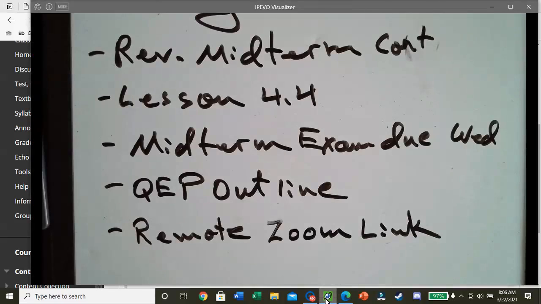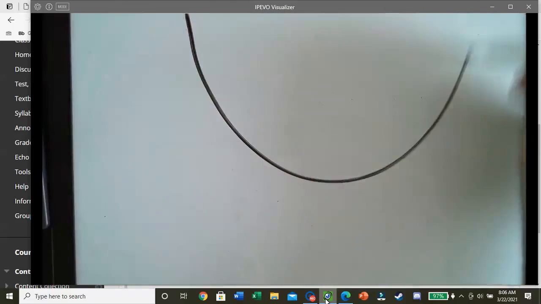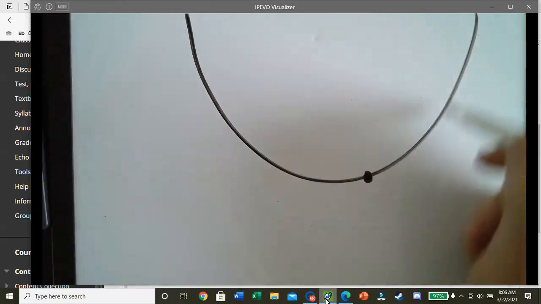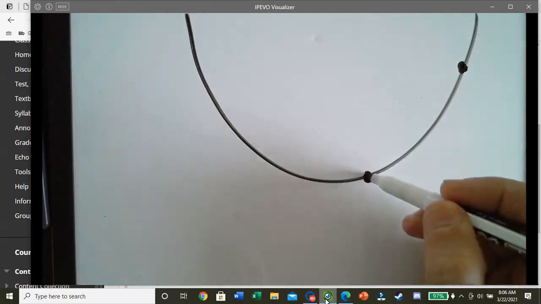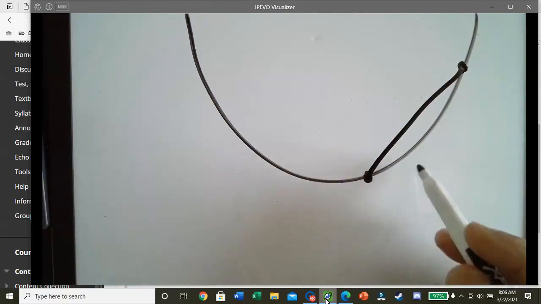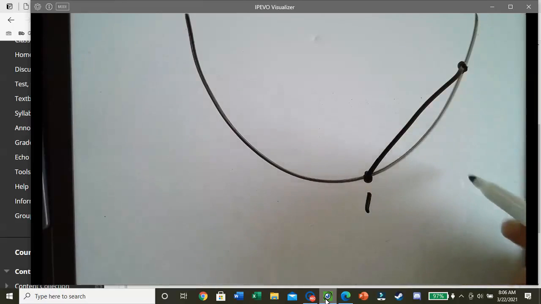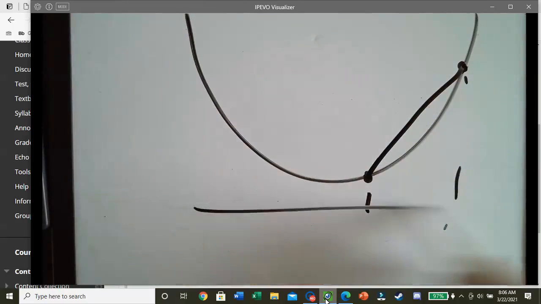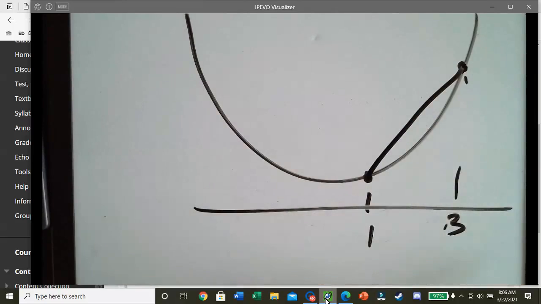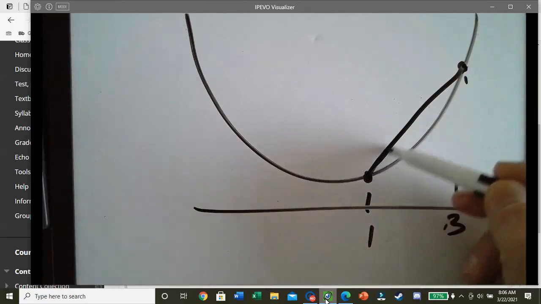if you're given a parabola and you're trying to find the average rate of change of 2 points, let's say between 1 and 3, okay?